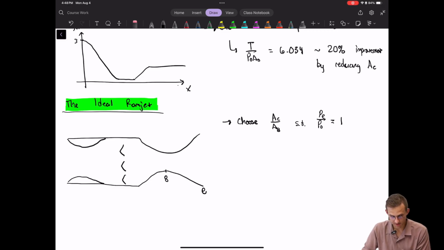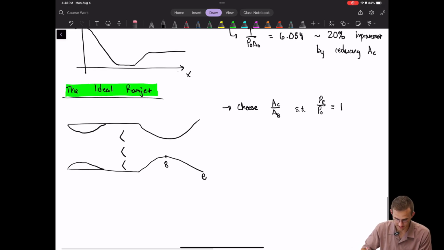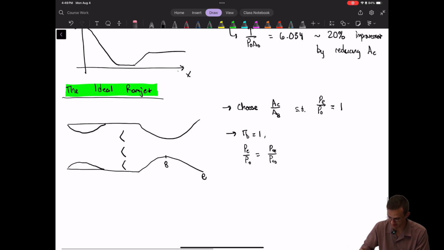And then we also have our burner assumption that we just mentioned before, that pi B is equal to 1. So we can calculate PE over P naught and see that PTE over PT naught in this case is going to be 1.